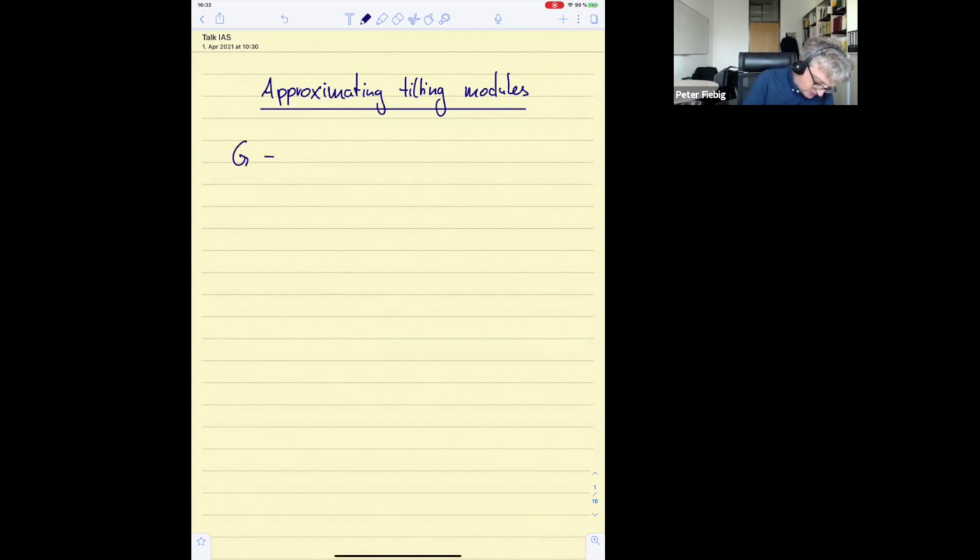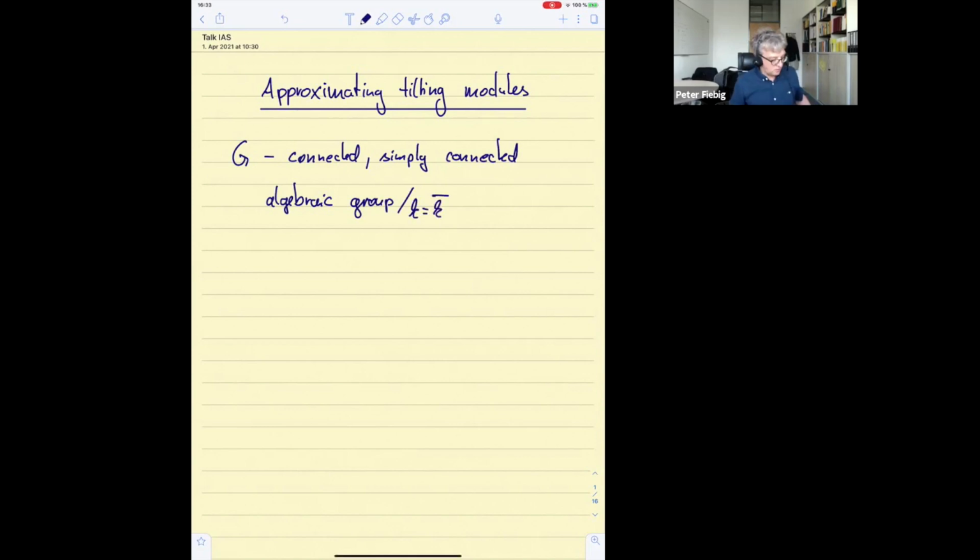So for simplicity, G is, like in Simon's talk, a connected, simply connected algebraic group over a field K, which is algebraically closed, and we'll almost always assume that it's of characteristic P, which is positive.